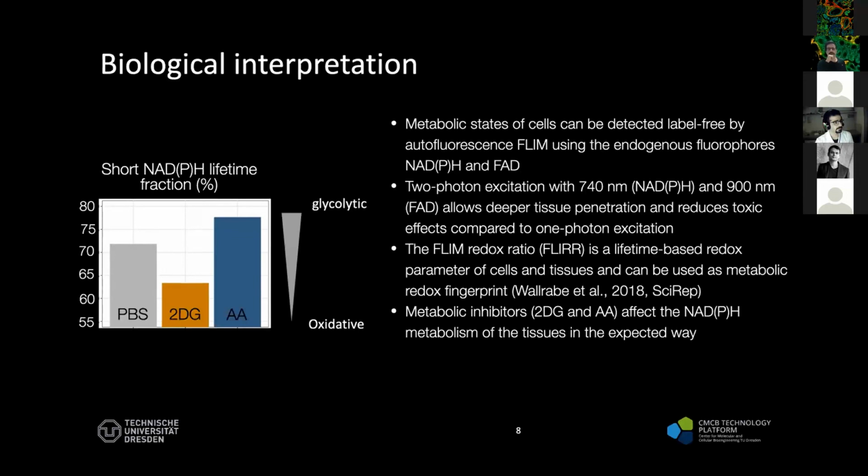We use two-photon excitation in the range of 740 nanometers and 900 nanometers respectively in order to penetrate deeper into the tissue, and it's also linked to less interaction of the tissue with the excitation and emission light, in order to avoid phototoxicity. The FLIM redox ratio can be applied as a lifetime redox fingerprint, as has been introduced by a number of labs now, and metabolic inhibitors inhibiting two individual pathways actually affect metabolism, and this is what we could show in this little experiment.